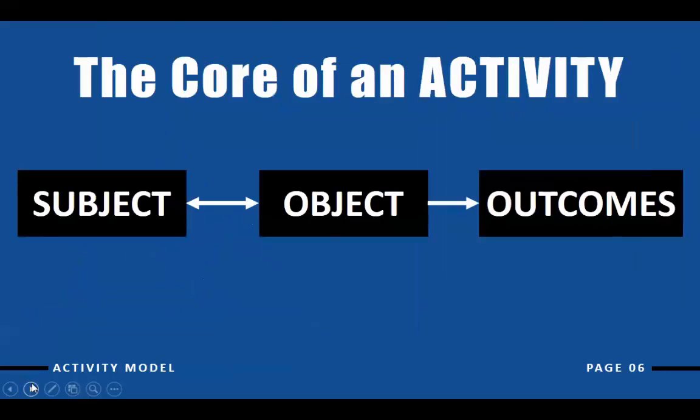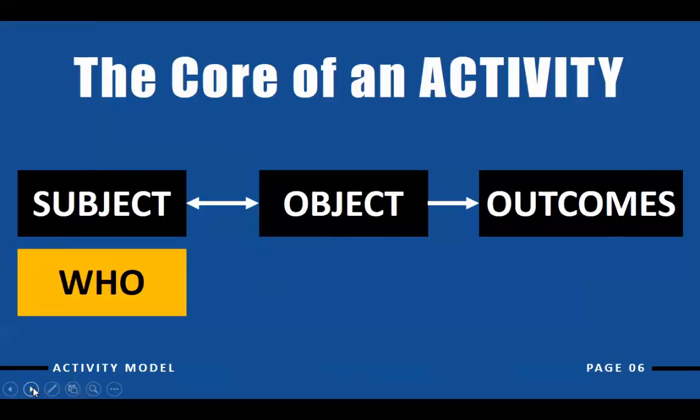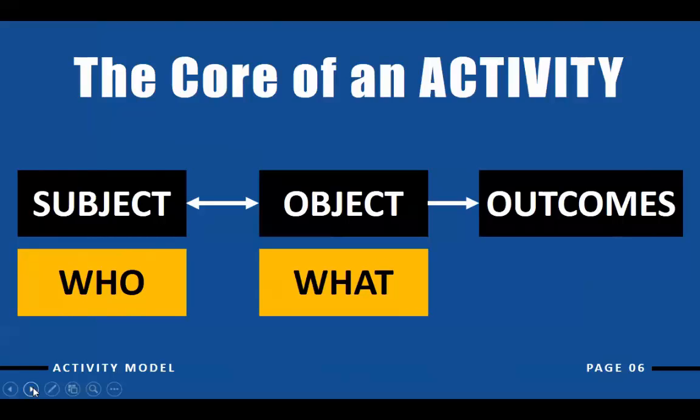Okay, so the core of an activity. So this is just that middle thing. The tools can vary depending on the rules, the community, all that depends on the context itself. But what you have in the core of a single activity is the subject, who's doing it, the student. You have the object, what is it that they're doing? Are they discussing something? Are they creating something?